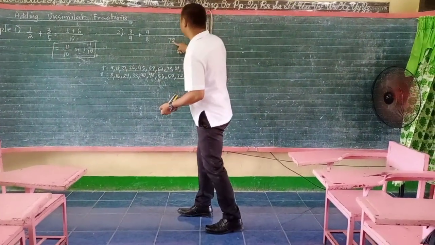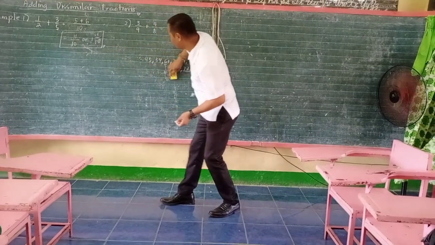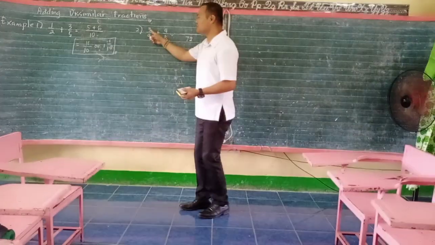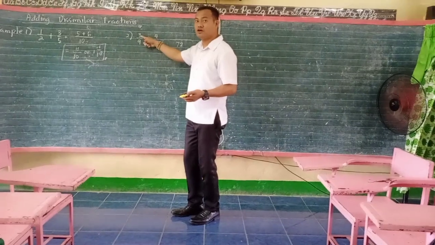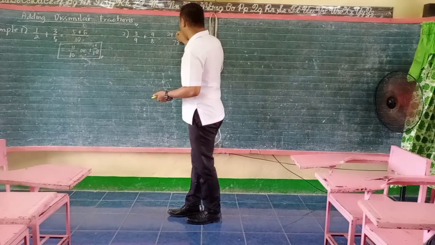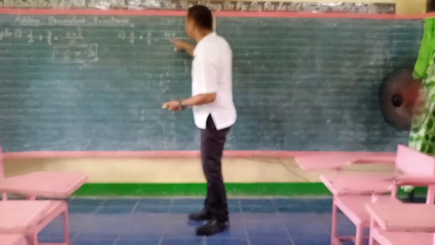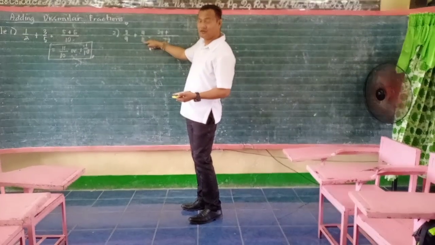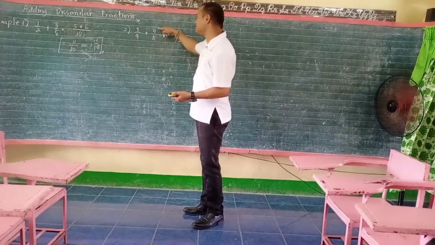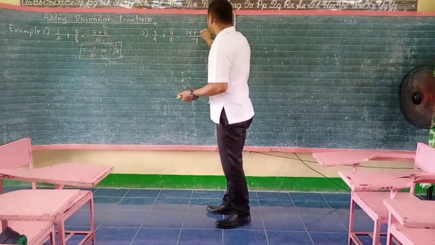So 72 divided by 9 will give you 8, times the numerator 3, is 24. Copy the operation used, which is addition. Then 72 divided by 8 will give you 9, times 4, and that is 36.